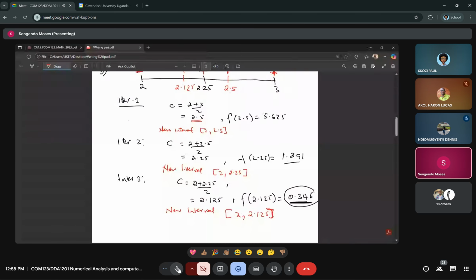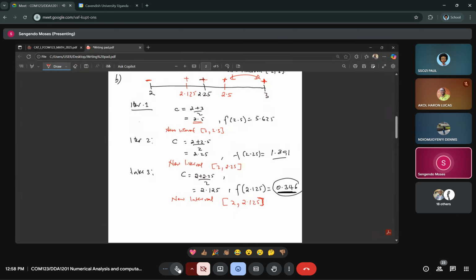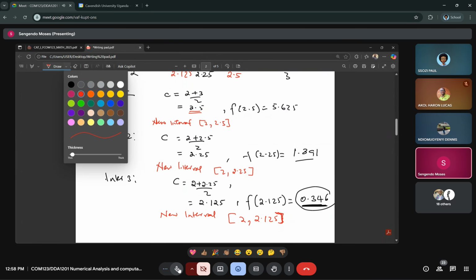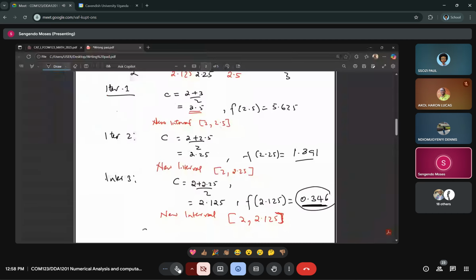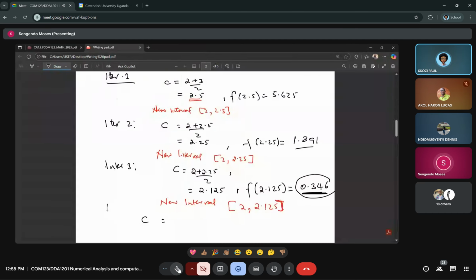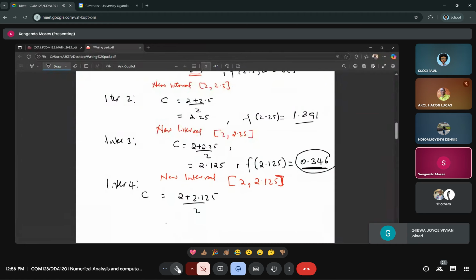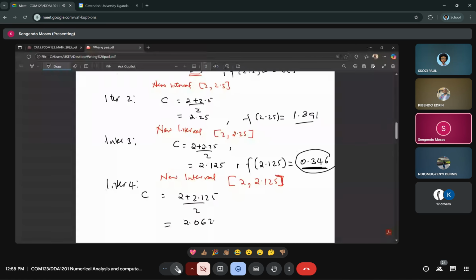Okay. All right. After getting the new interval, we go ahead to compute the new C, which is (2 + 2.125) / 2. That is 2.0625.